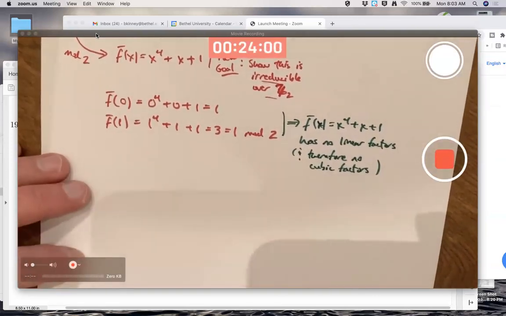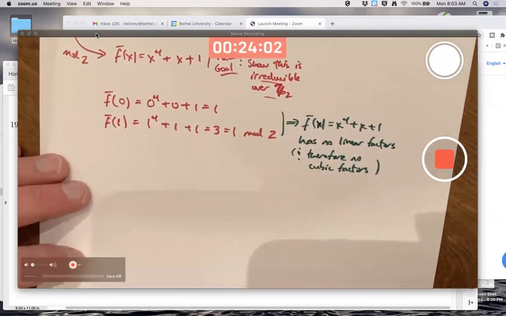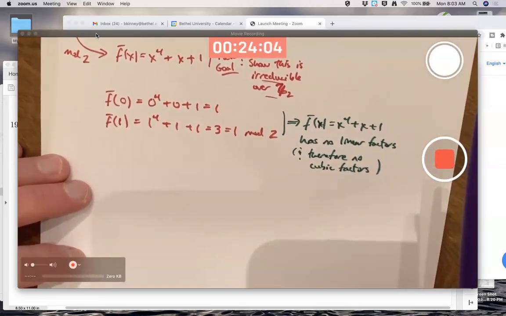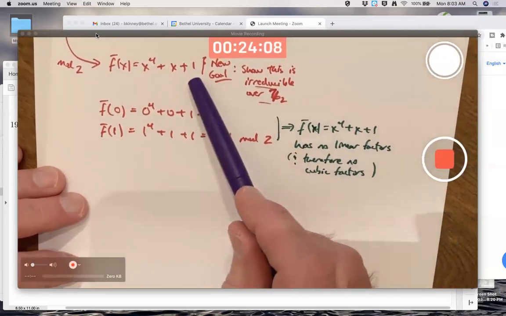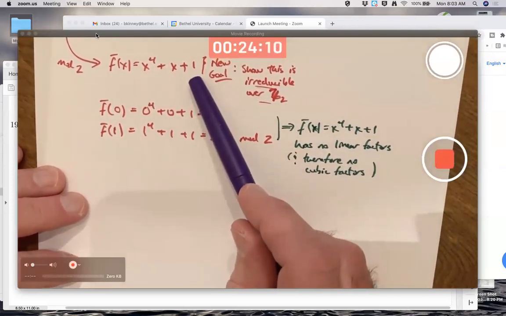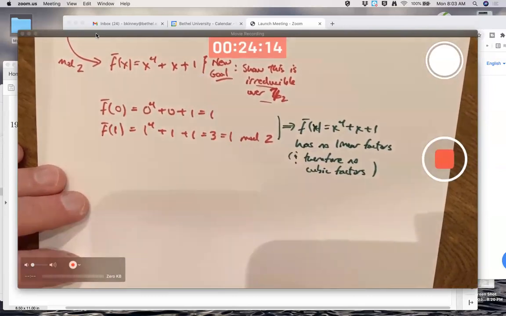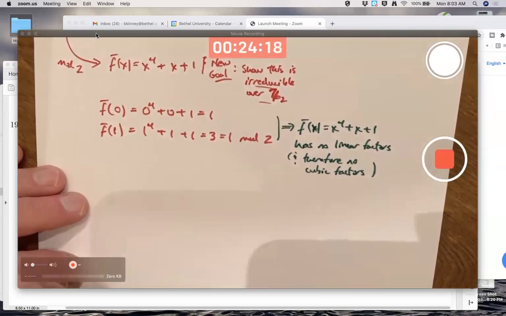So what's left to do? We need to see if it's got quadratic factors or not. Are there quadratics that factor this? As you glance through the chapter, there don't seem to be any theorems that might be helpful there. And the reason is there are none. You've got to do calculations.